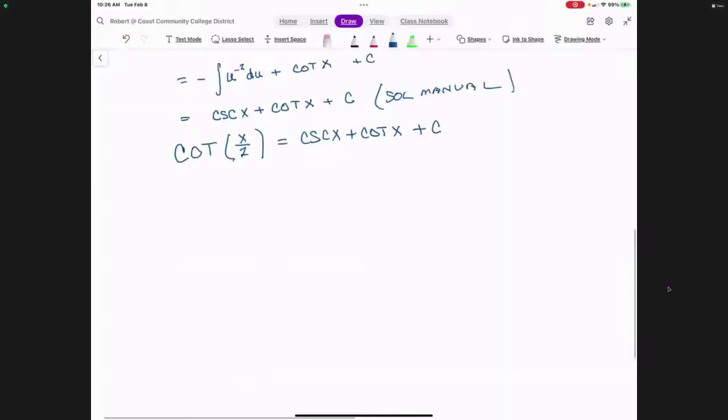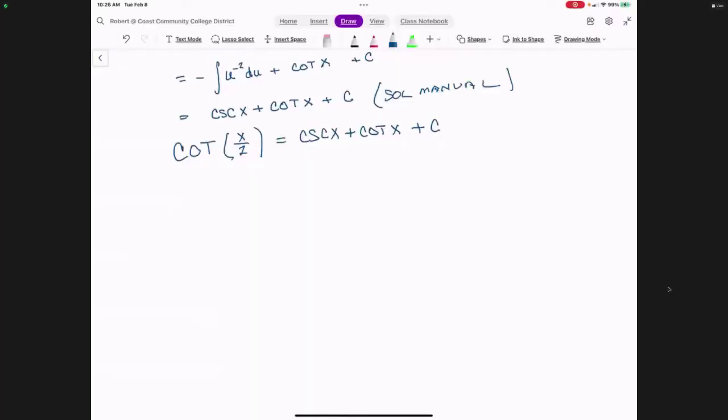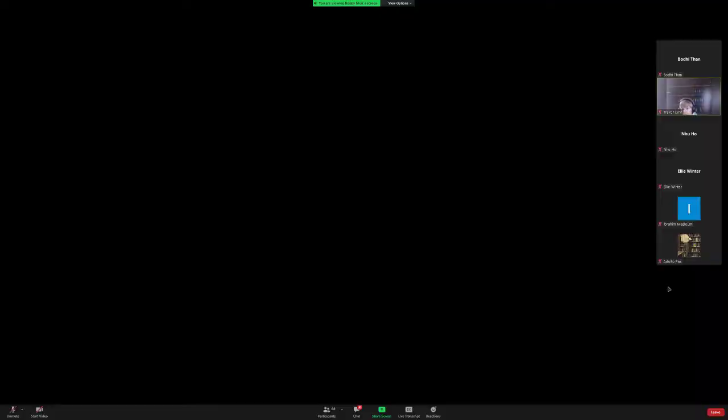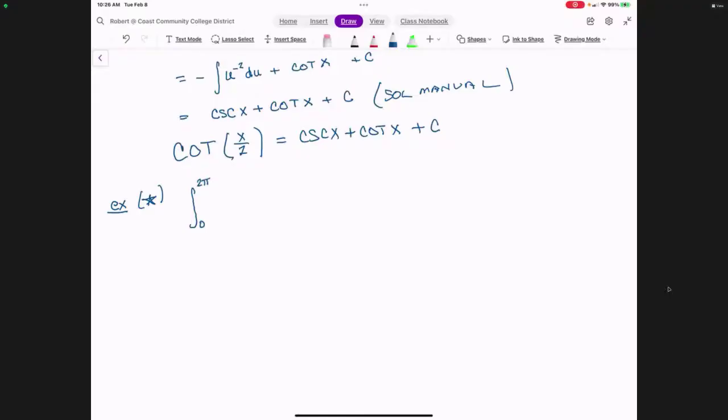Another problem for you. Now this one is going to have kind of an interesting little catch to it. I want us to find the integral from 0 to 2 pi.